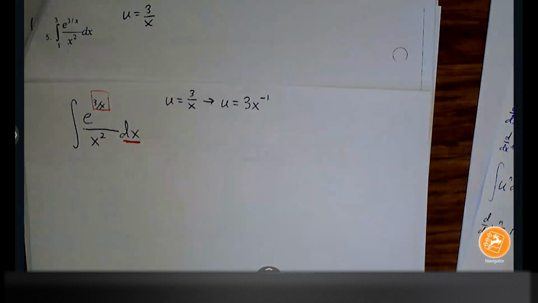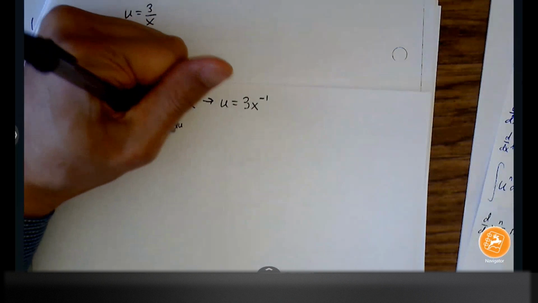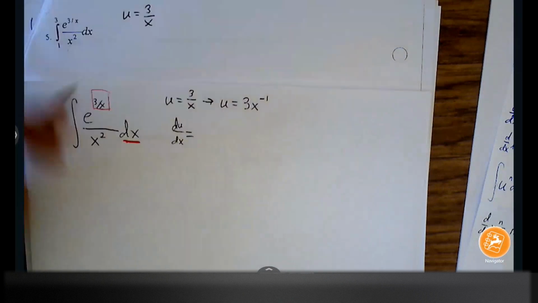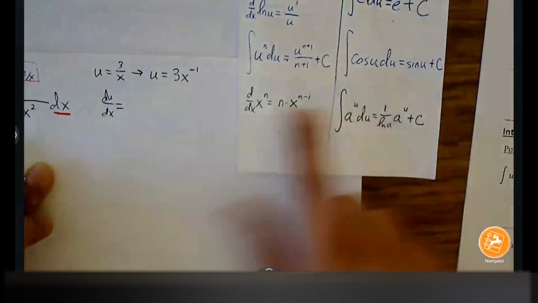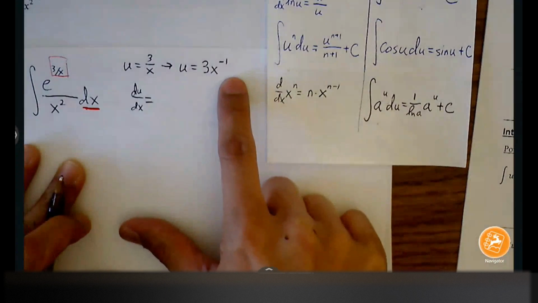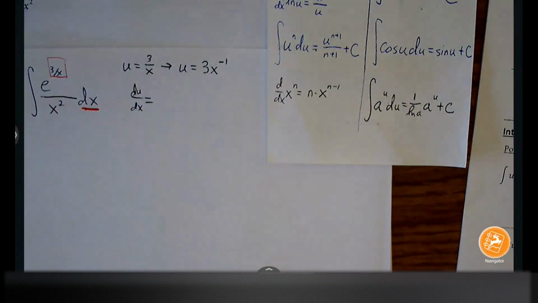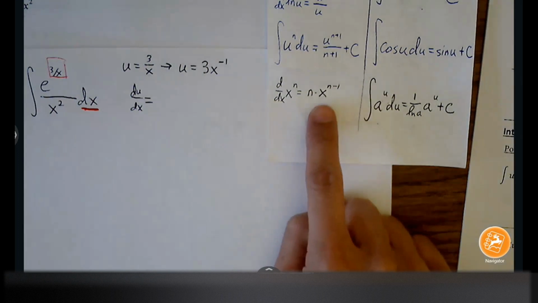Now we can find du dx. All right. There's power rule. What's the derivative of 3x to negative 1? -3. Go through the full power rule here. Oh, wait.